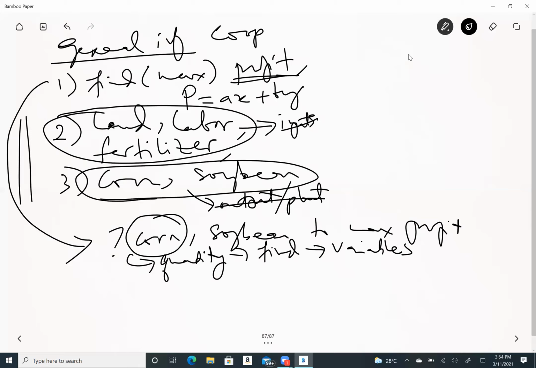Acres. You can say X is corn, the amount of corn, and the units come later, in acres. Acres of land that we are going to plant corn. And Y, we can say soybean. Now the unit is also in acres of land.